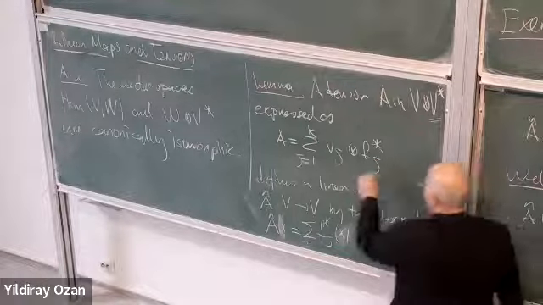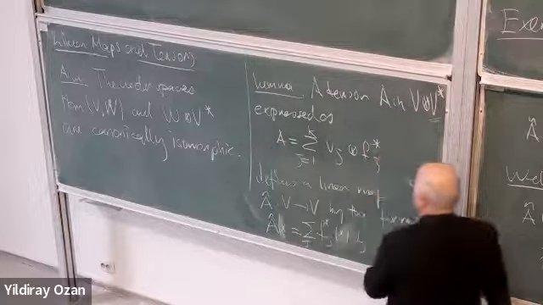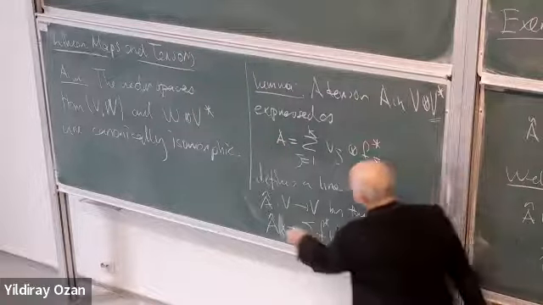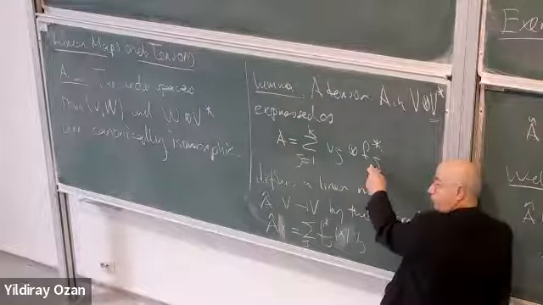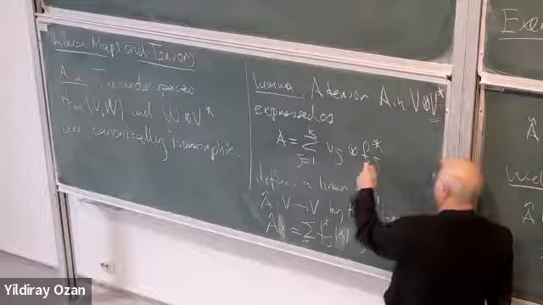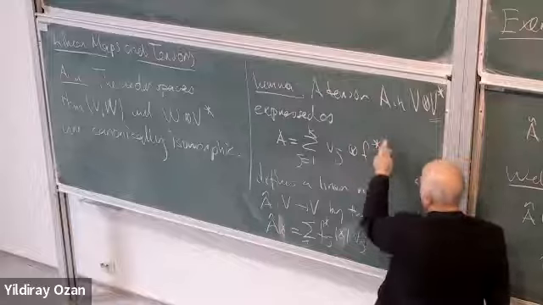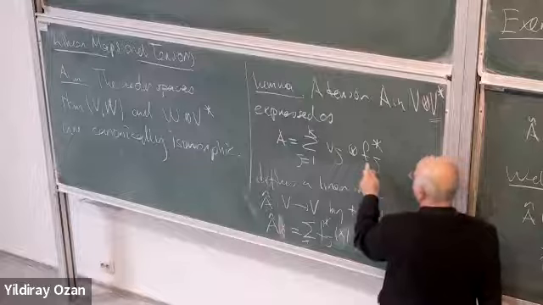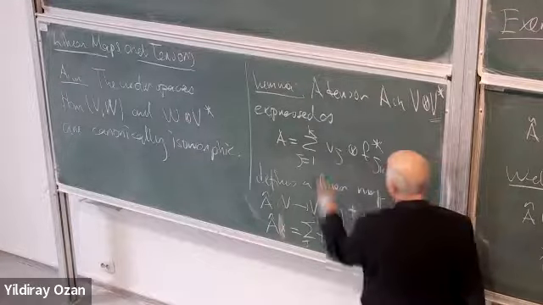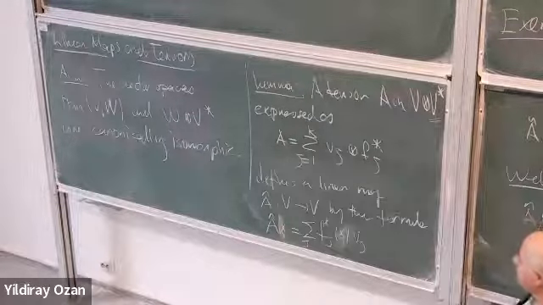So I feed this guy with the vector x, and in this product, this is the one who eats vectors. That will give me a scalar. I'll just take that scalar and put it in front of this vector.